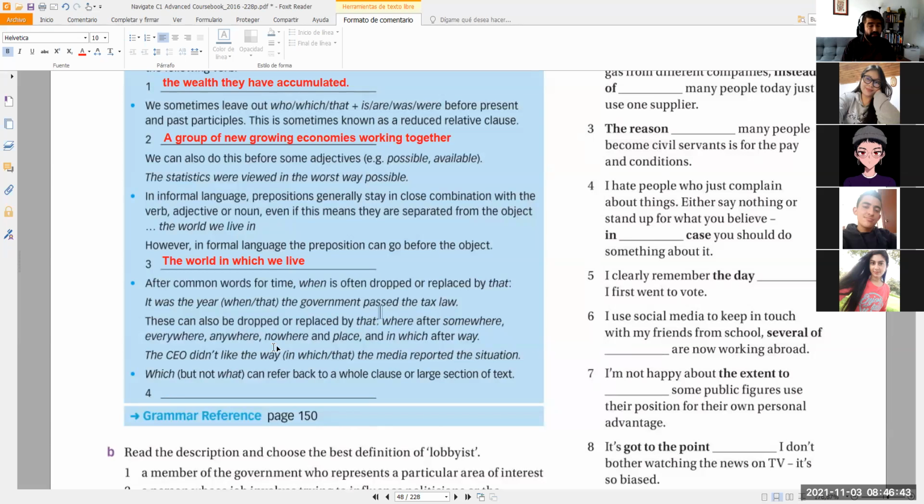And the last one now says, which, but not what, can refer back to a whole clause or large section of text. So which, guys, would be a very important device we can use when we want to, let's say, reintroduce or refer to a big part of the text.